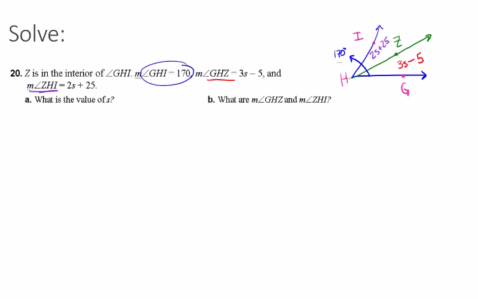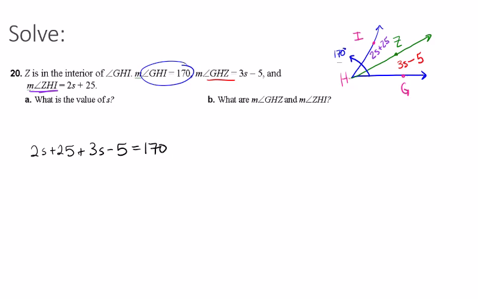Okay, so what I know is if I add up the two parts, that should equal the whole, right? So that's what we're going to do. So I'm going to set up an equation. 2s plus 25 plus 3s minus 5 equals 170.